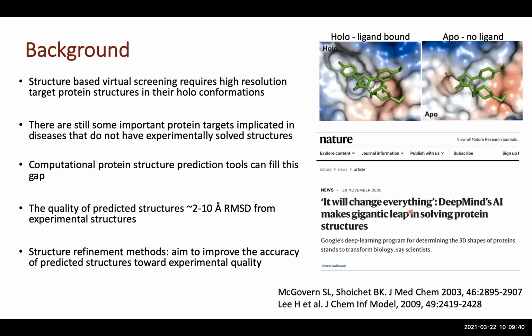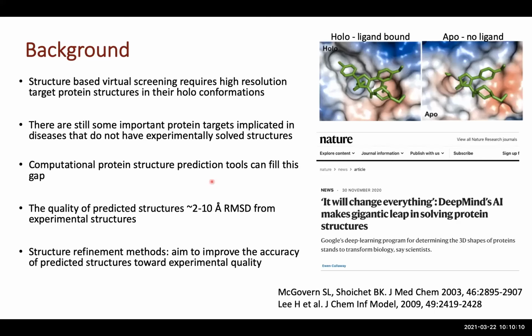It went through this blind test prediction called CASP, or Critical Assessment of protein Structure Prediction, and it came up with really good results. So this means that these types of protein structures that are computationally predicted, also called homology models, are becoming more attractive for people in drug discovery to use for virtual screening.